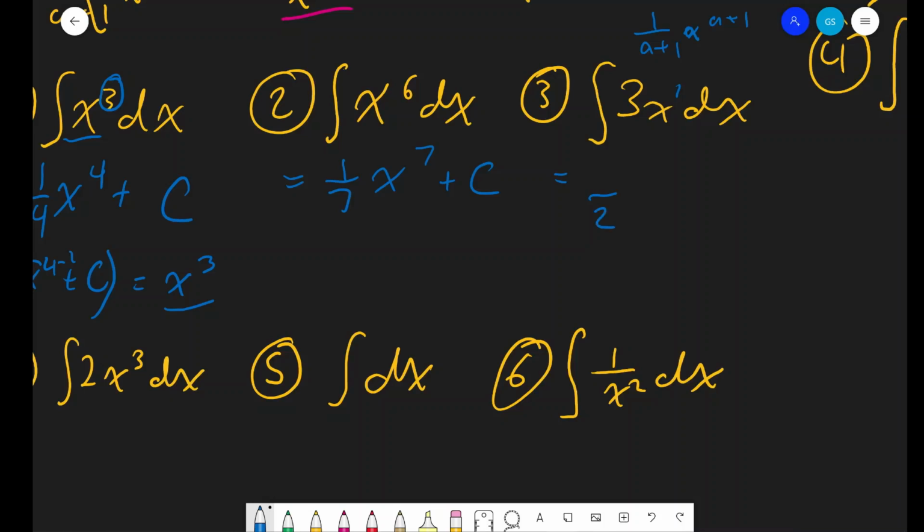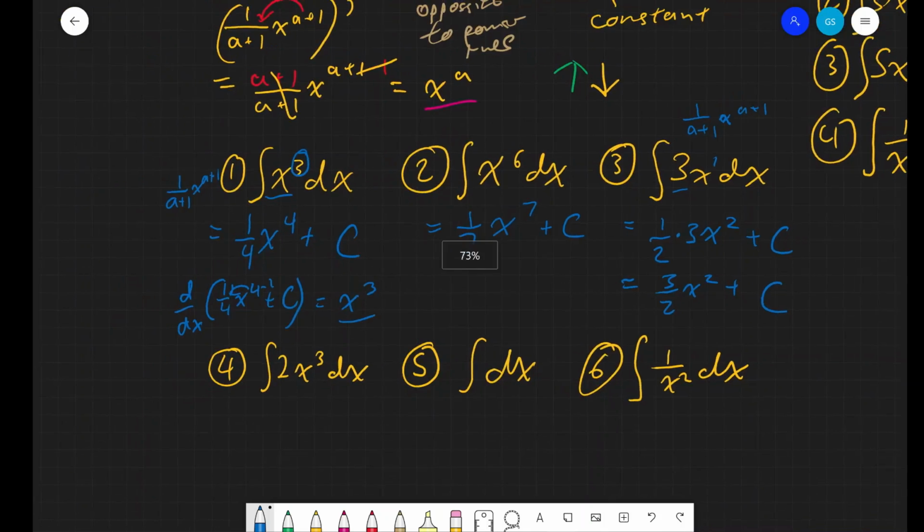We put our 2 here and our 1 here, multiplied by this 3, because there's a coefficient here. Then x, 1 plus 1 is 2, plus c. Simplifying this, you get 3 over 2 x squared plus c. That 3 is coming from the existing coefficient, so we just put that at the end, and that would be 3 over 2 x squared plus c.